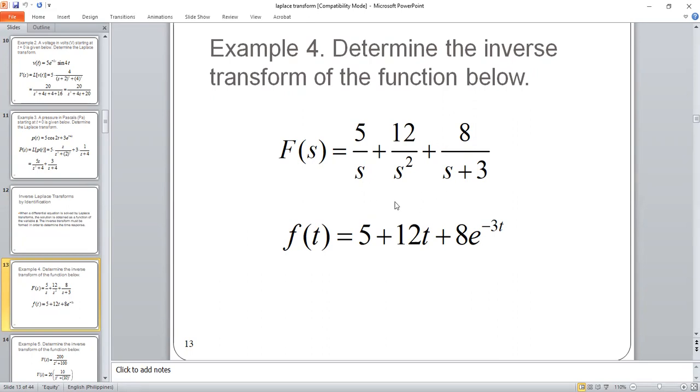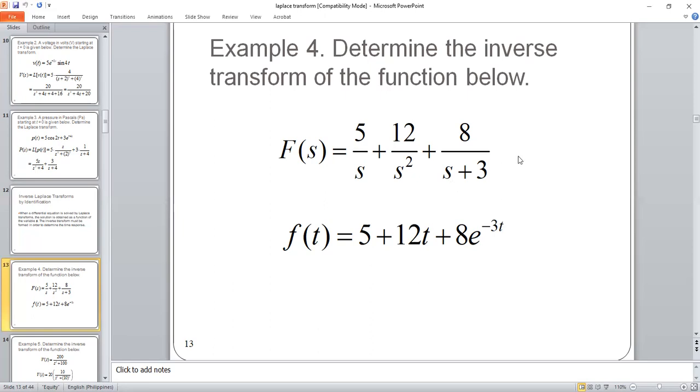Because if it's a function of t raised to n, your s in the denominator is raised to a particular exponent, and the numerator is just the n factorial taken from your denominator exponent minus 1. So in this case, class, this is 2 minus 1, it's 1. Meaning the numerator here is just 1 factorial. If you set aside the 12, what remains here is 1 over s squared, which is actually the Laplace transform of t.